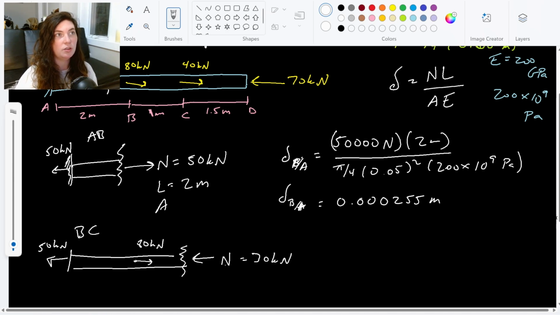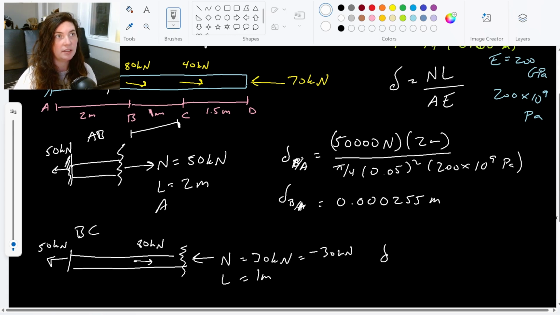So for a normal force of negative 30 is really what we would call it, a negative 30 kilonewtons. My length is going to be the length of just section BC here, which is 1 meter. And then everything else from before kind of just stays the same. The area is the same, the modulus of elasticity is the same.